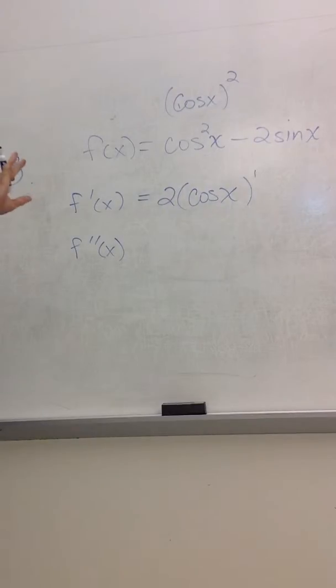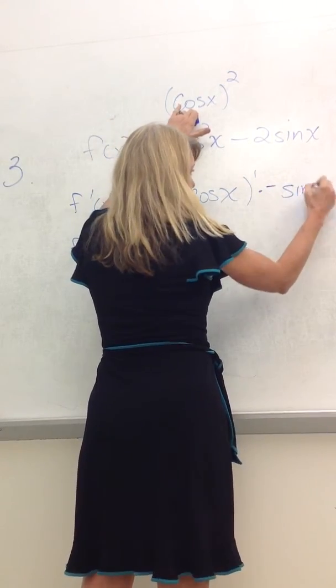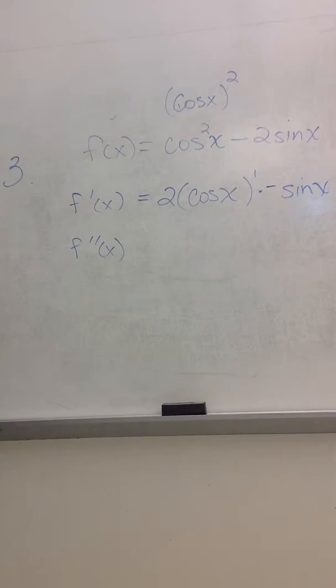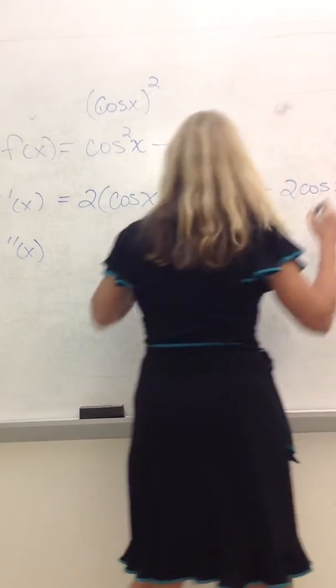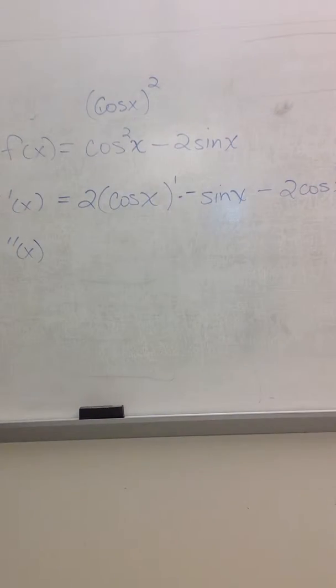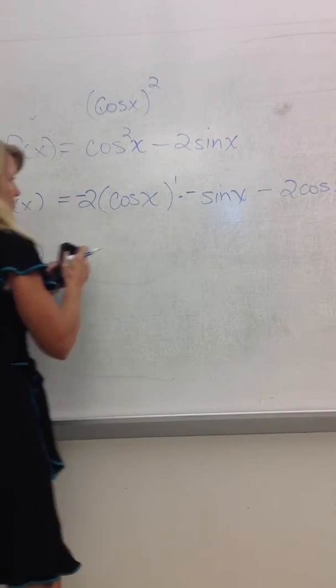Then the derivative of the inside will be minus sine. And then this is just straightforward, -2 times cosine sine. I will probably rewrite that with the negative out front here.